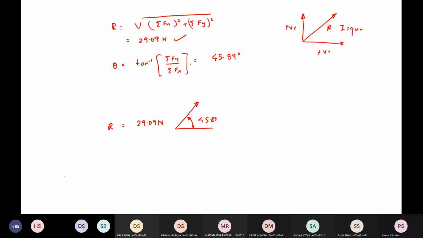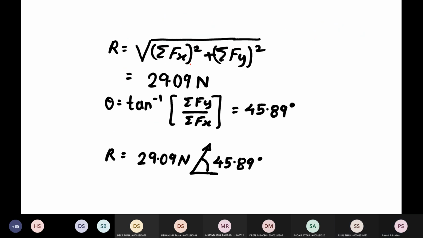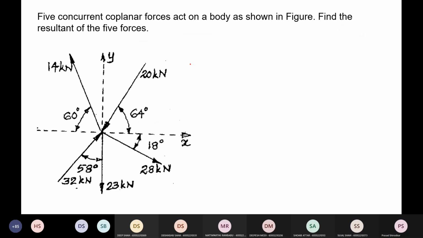All right, next one. Can I go to the next one? Yes, sir. Five concurrent coplanar forces are acting on a body as shown in the figure. Find the resultant of the five. So what we are going to do, we are going to resolve these forces.